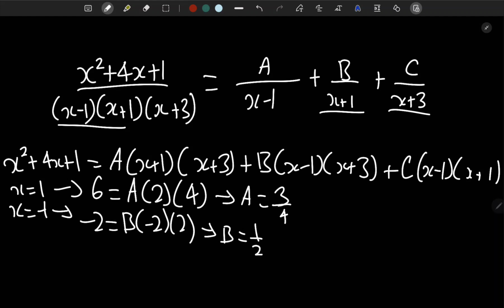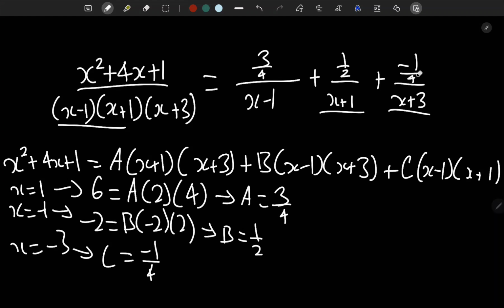Now for c, we are going to substitute minus 3, the last root, for x, and we will get c is equal to minus 1 over 4. So these are the values: a is 3 over 4, b is half, c here is minus 1 over 4.